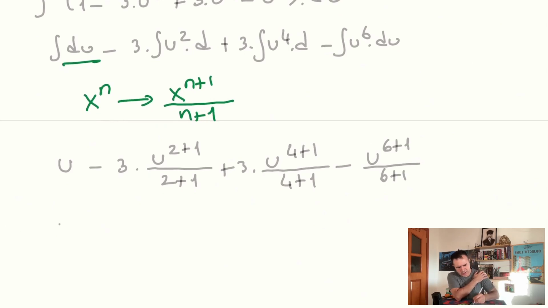The integral becomes u minus u cubed, since 3 over 3 is 1, plus 3 over 5 u to the power of 5 minus 1 over 7 u to the power of 7.